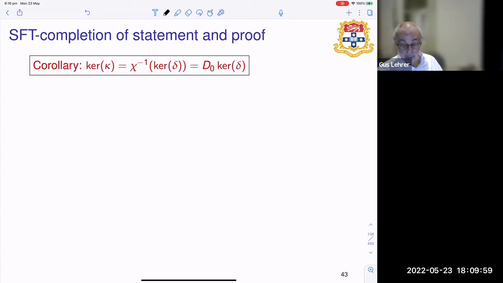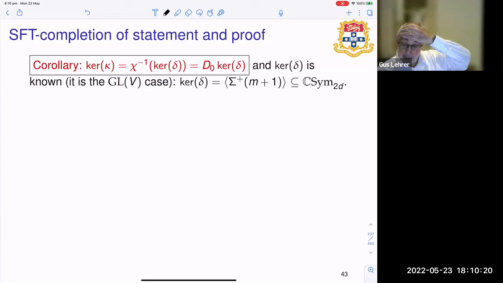So we're reduced to a problem in the invariant theory of GLN. And so that is just chi of the kernel of delta. The kernel of delta is known. It's just generated by this alternator in this easy case.